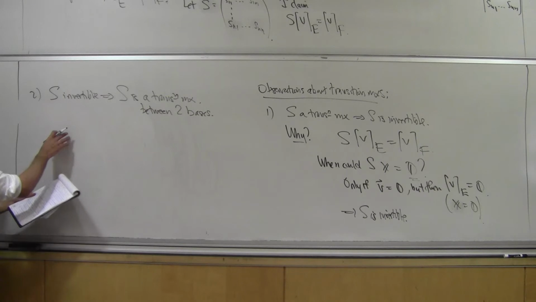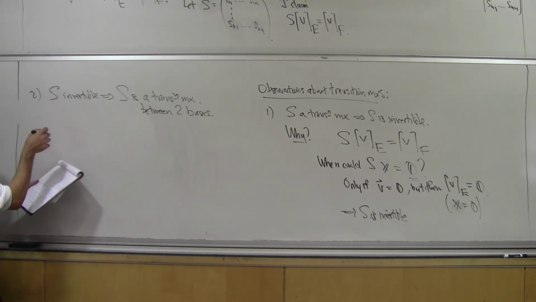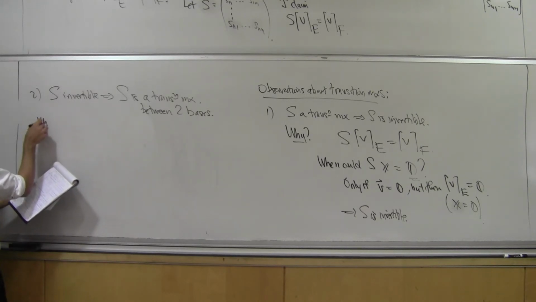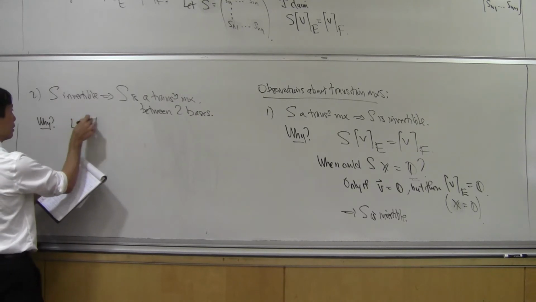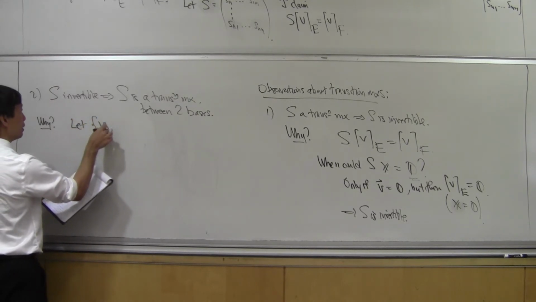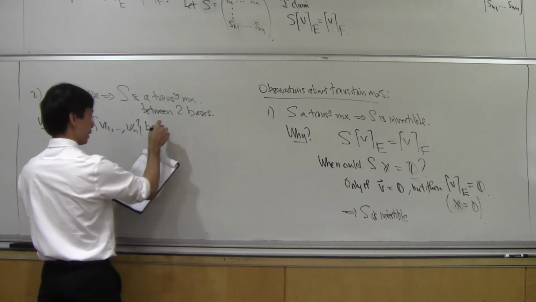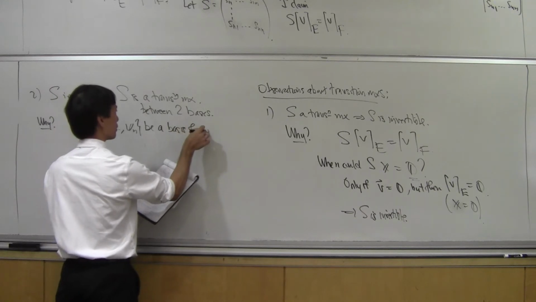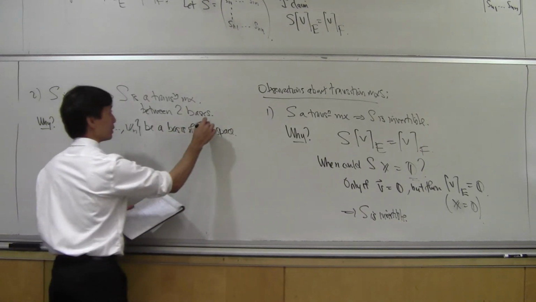Okay, so it's kind of a weird thing to do, but why? Let V1 to Vn be a basis of some vector space.